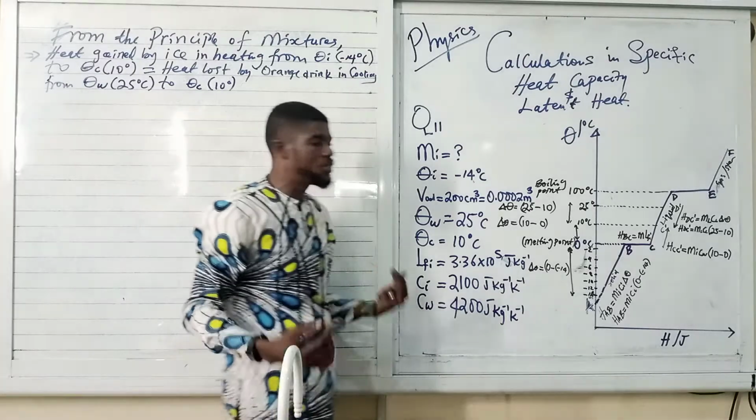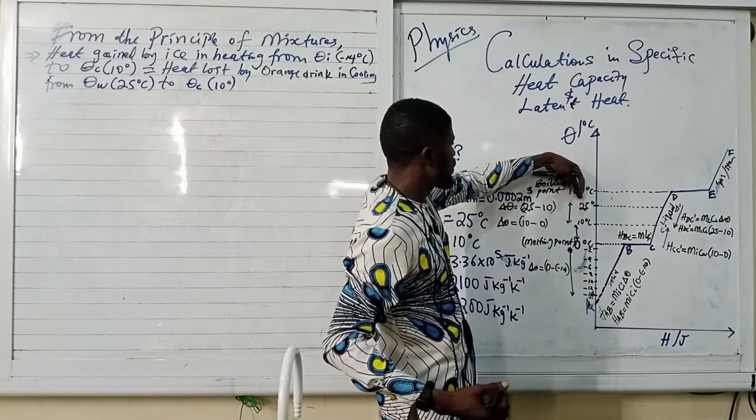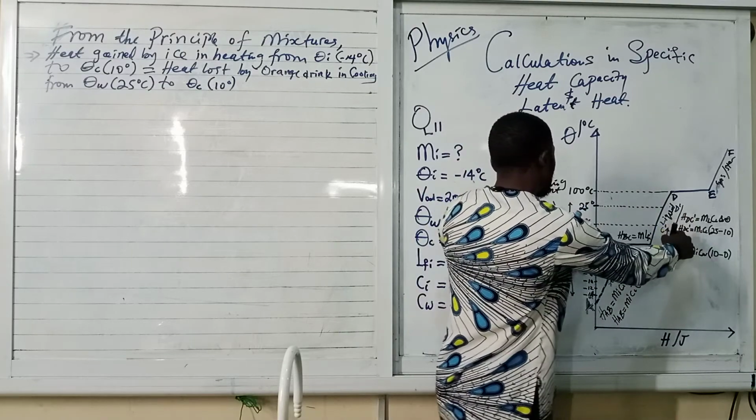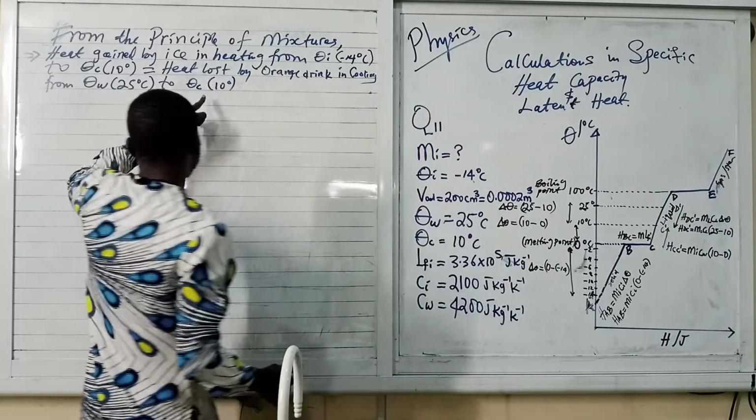Heat lost by the orange drink in cooling from 25 degrees Celsius, that is from D prime to C prime, is this.